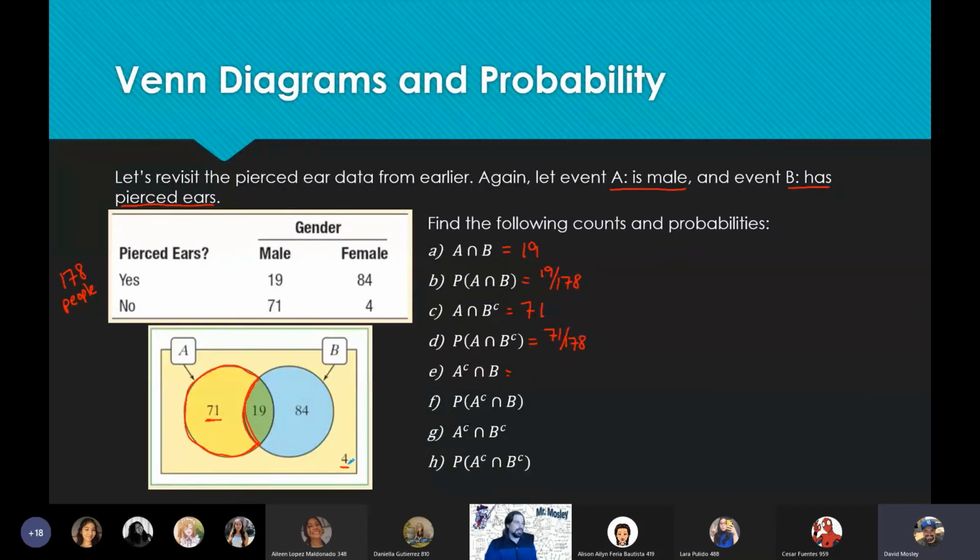They're not in A. And I essentially cut off and only consider the things in B, because those are also not in A. Just like the last one, it needs to be not in A and part of B. So I'm left with just the 84. So the probability of A complement and B is 84 out of 178.